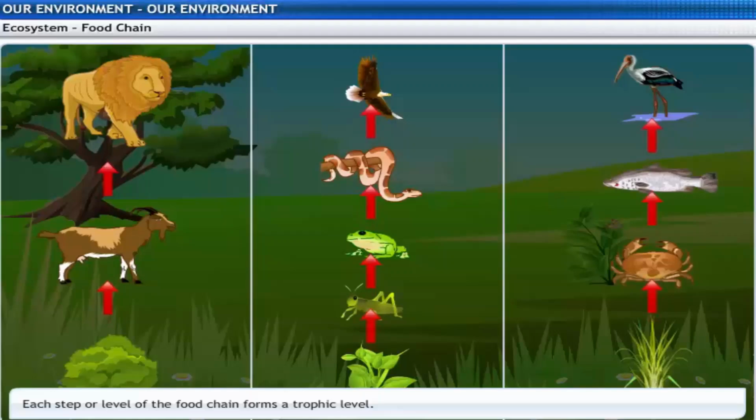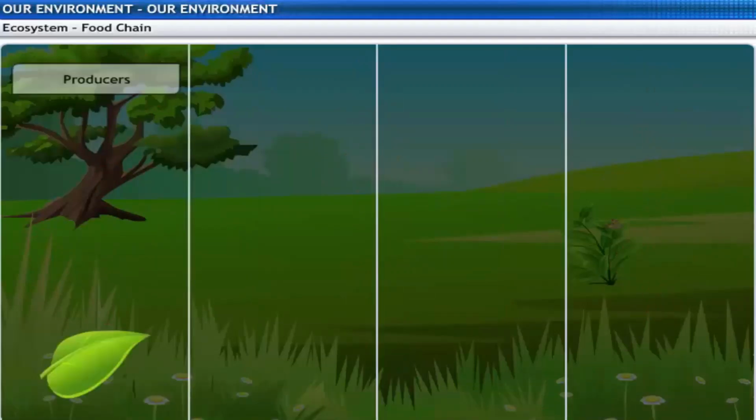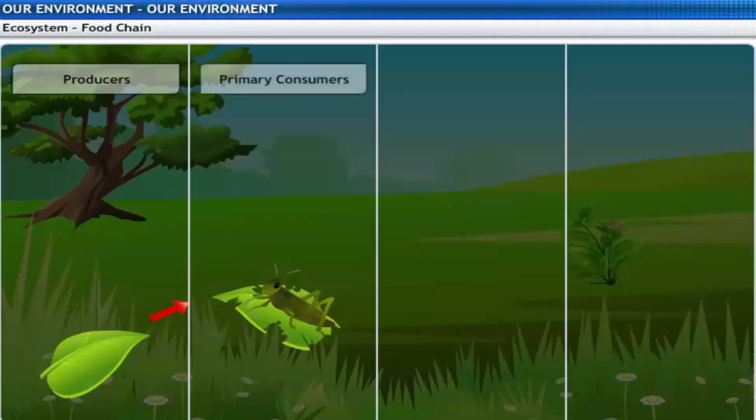Trophic levels are categorized as per their feeding behavior. The autotrophs or the producers, that is, the plants, are at the first trophic level. The herbivores or the primary consumers, like bees, insects, come at the second level.